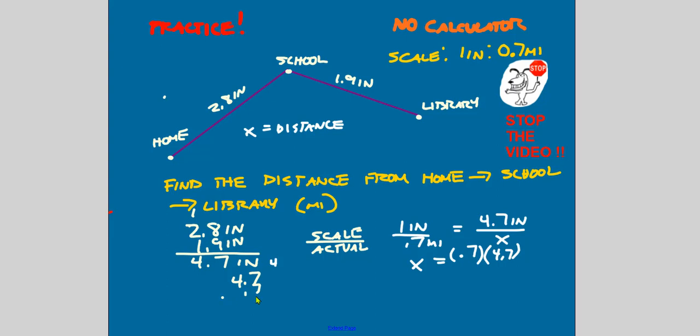So that's 49, carry a 4. So 4 times 7 is 28, plus 4 is 32. Then I need to move the decimal point 2 places to the left because I have 2 places behind, so that's 3.29. So x is 3.29 miles, and that's my distance from home to school to library.